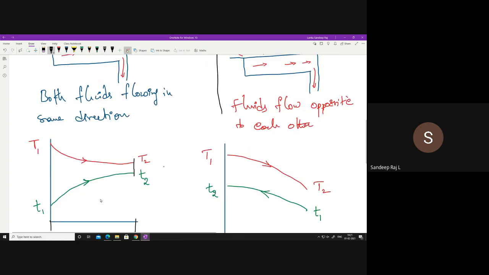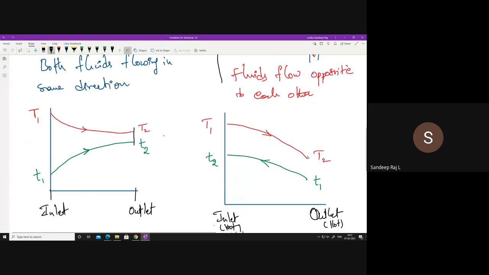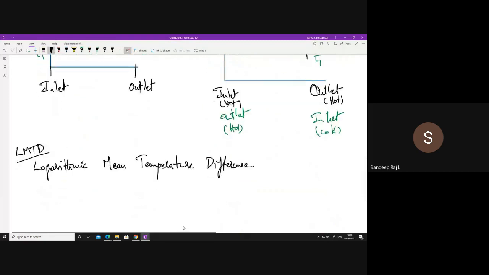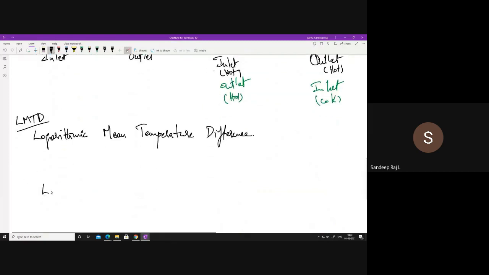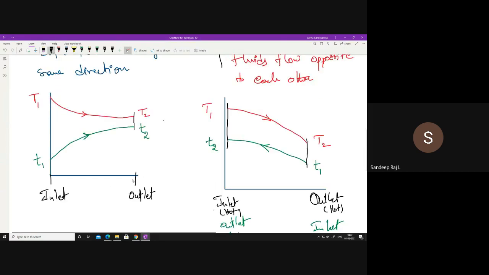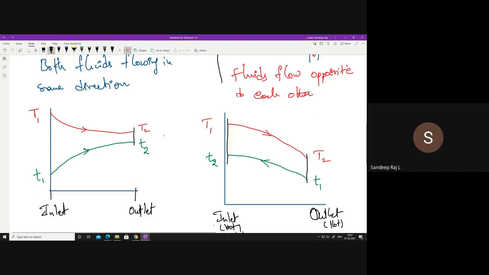Okay. So if I have to say this LMTD in case of a parallel flow, how it will be, and in case of counterflow, how it will be.